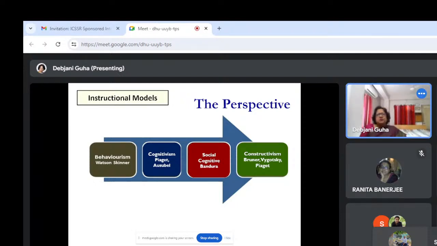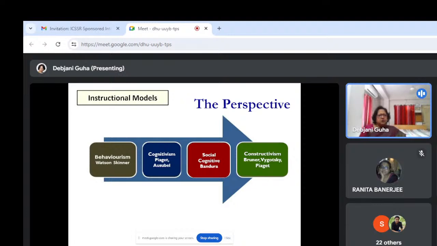Now, I want to basically clarify the genesis of constructivism. If we start from early ages, we can see that there are several learning models, instructional models, and theories that have been widely accepted and are very influential in the field of education.